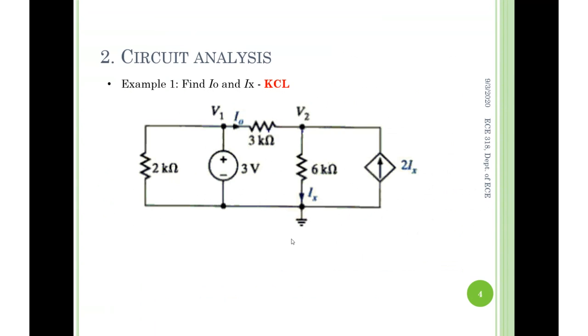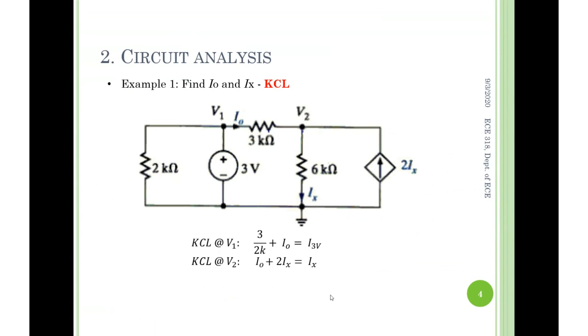How is the KCL described? The sum of the current flowing into the node is equal to the total current leaving it. Remember? So if you select V1 and V2 to write KCL, what does it look like?